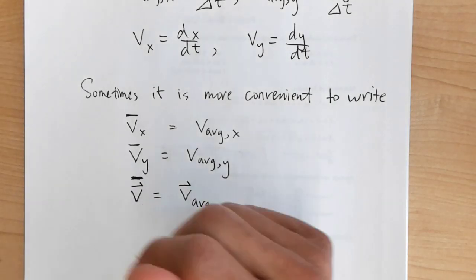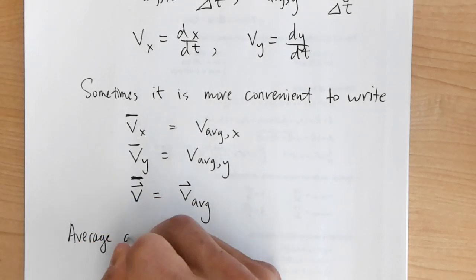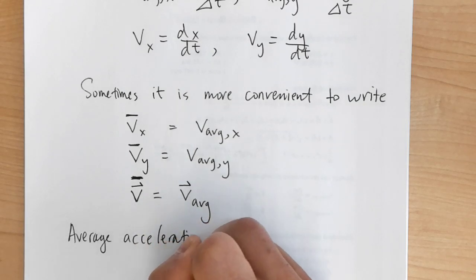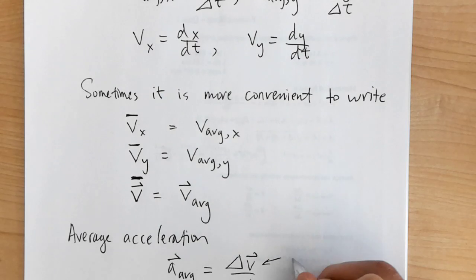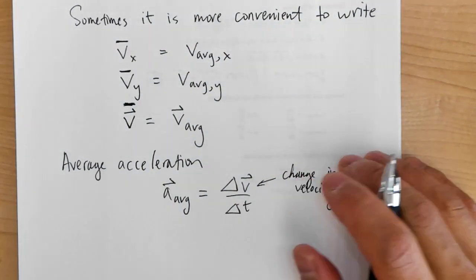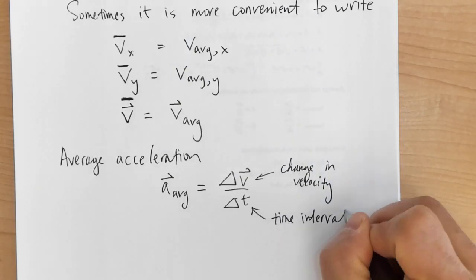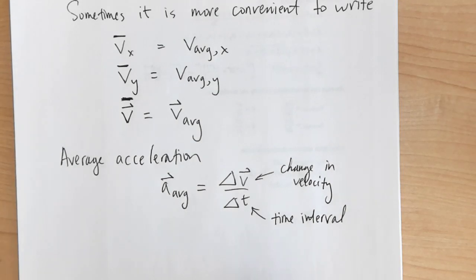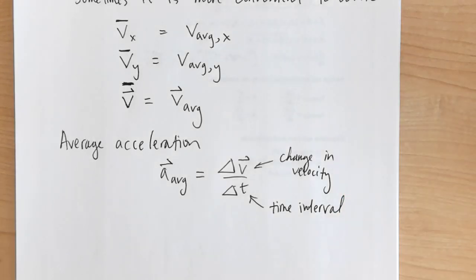Now we can also define the average acceleration. The average acceleration, AVG, is delta V over delta t. So this is the change in the velocity. When I just say plain velocity, I mean by default the instantaneous velocity. And delta t is the time interval. Again, if you have questions, ask the students supervising the lecture.